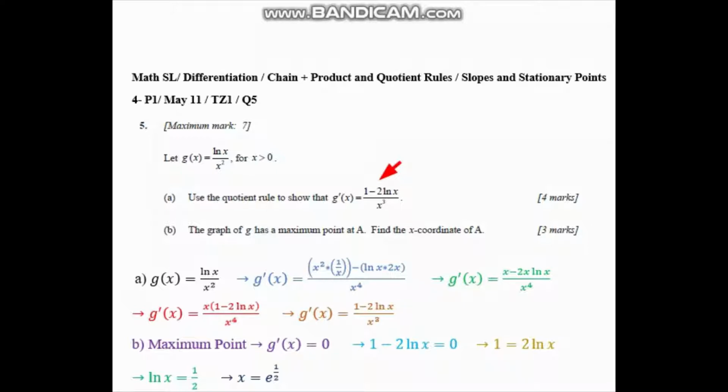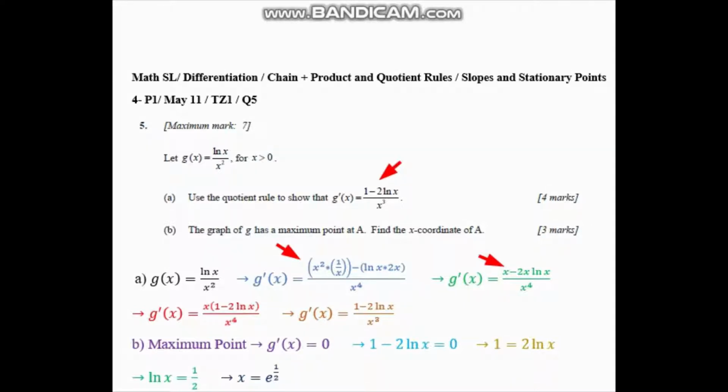First, we differentiate using the quotient rule, the normal formula: vu' minus uv' over v squared. Then we simplify. In this case I cancelled x squared with 1 over x, so I got x minus 2x ln x in the numerator.